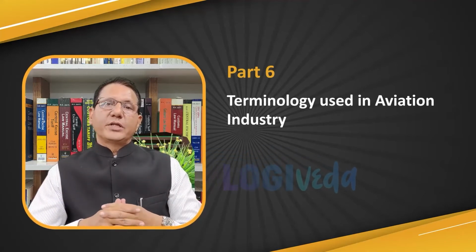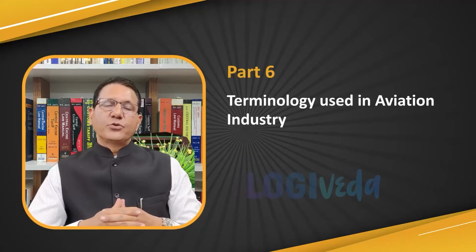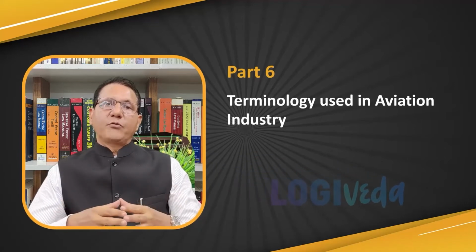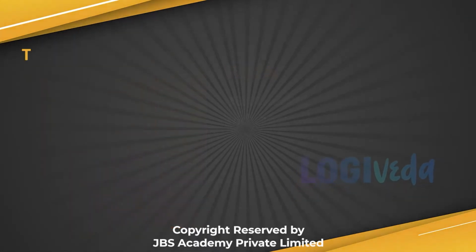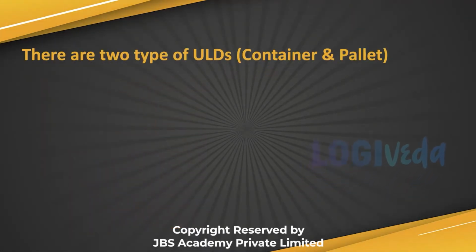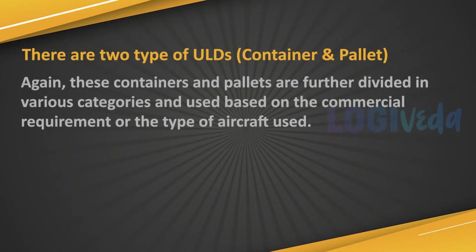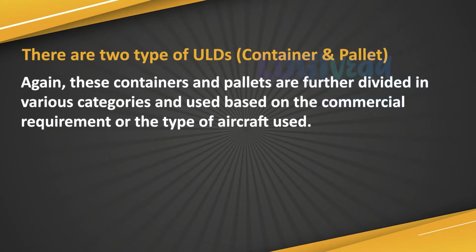So let us start with the terminology that is used in the airline handling while they handle the ULDs on the aircraft. There are basically two types of ULDs, that is containers and pallets. Again, these containers and pallets are further divided into various categories and used based on the commercial requirement or the type of aircraft that is used by the airline.